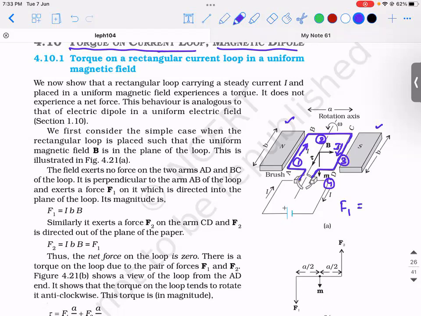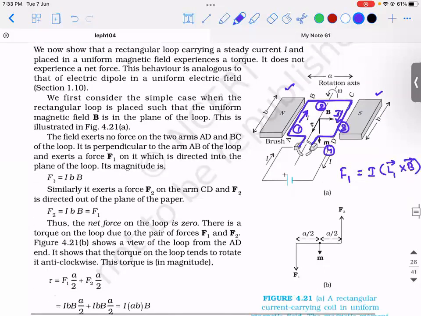So, what is F1? It is I into L1 vector cross B vector. Right. So, F1 in terms of vector is going to be I into, what is the value of L1 vector? So, L1 is small b, into what is the value of magnetic field? It is capital B, into what is the angle between them?